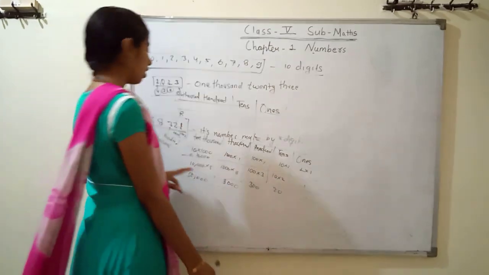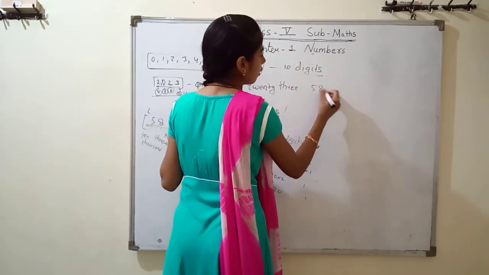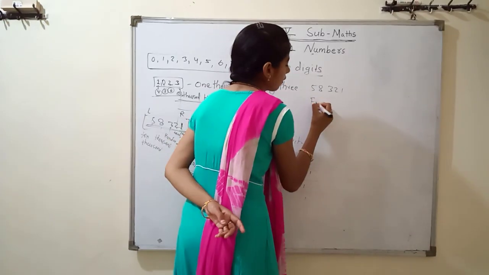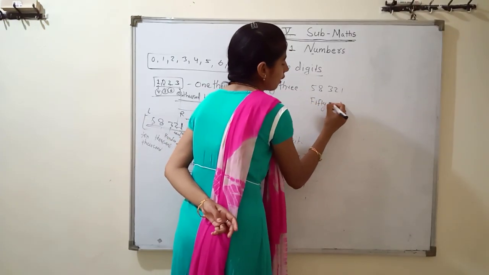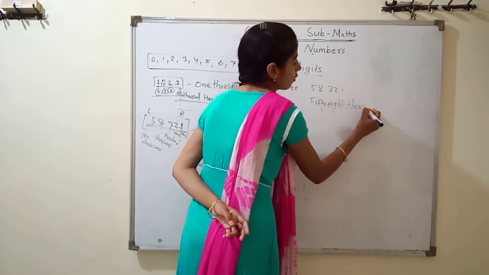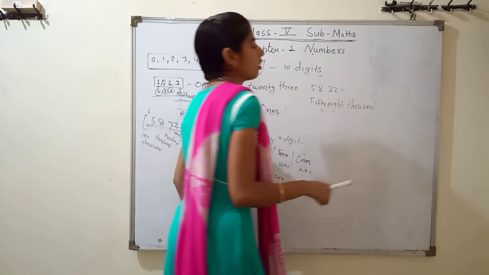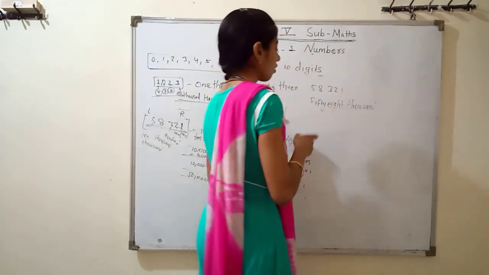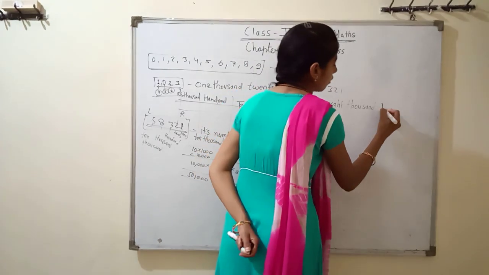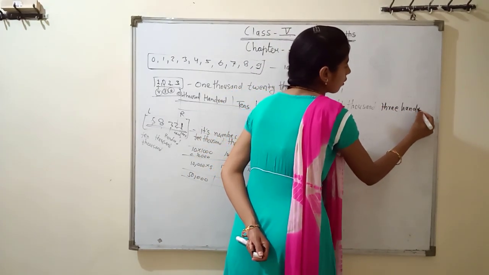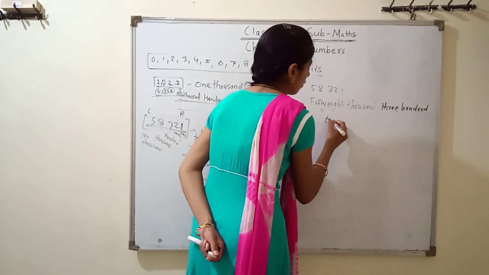I write on this side 5 8 3 2 1. Then I write here 58,000 and 300, and 21.